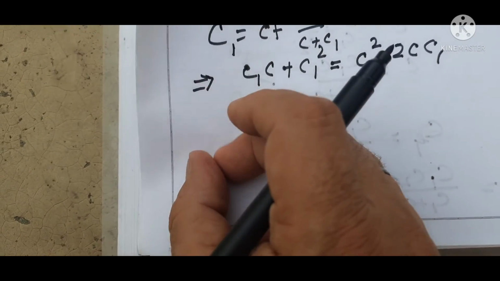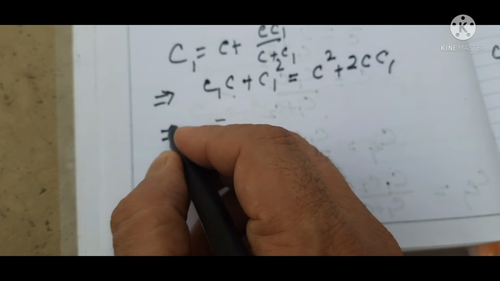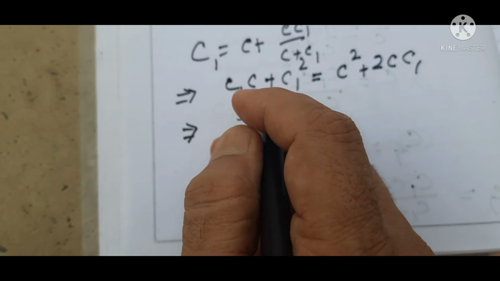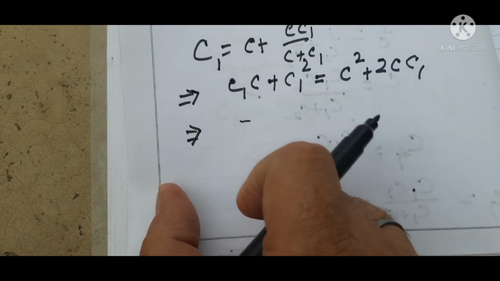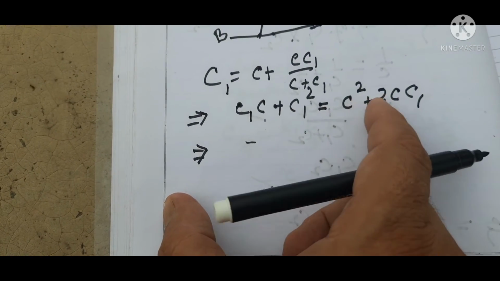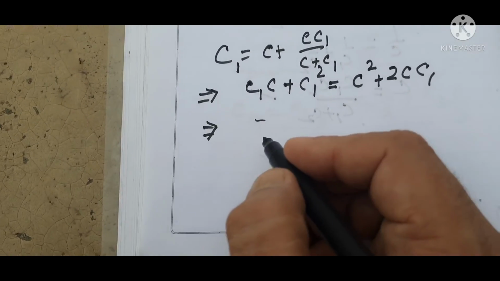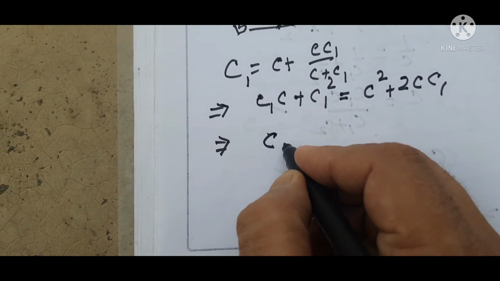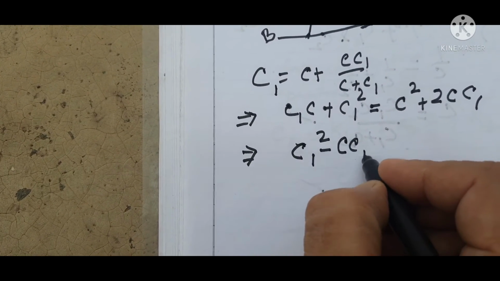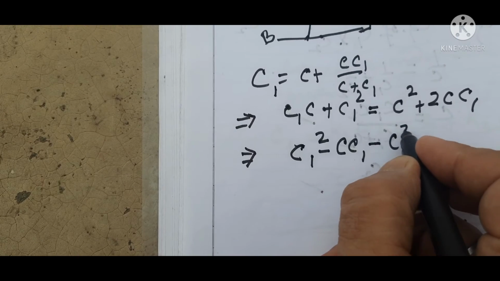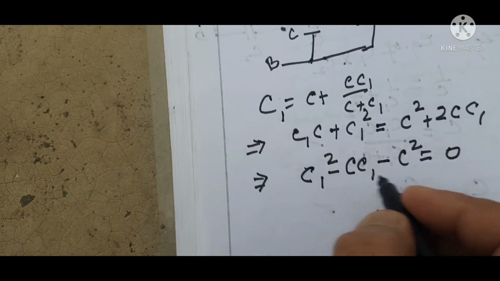Ultimately the equation will be this. Now we take all this quantity to one side, and we get C1 square minus C1 C minus C square is equal to 0.